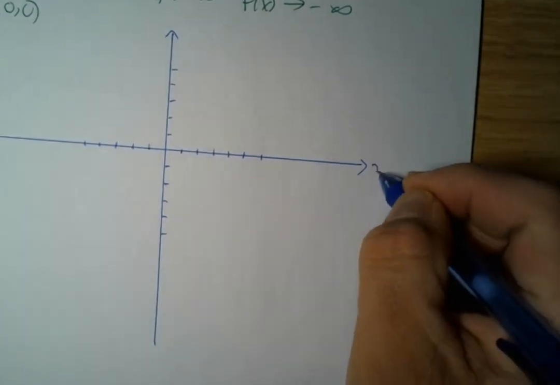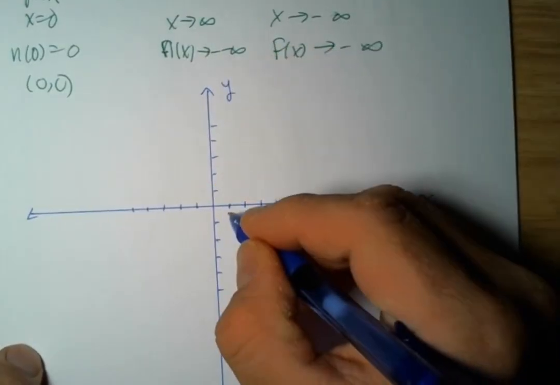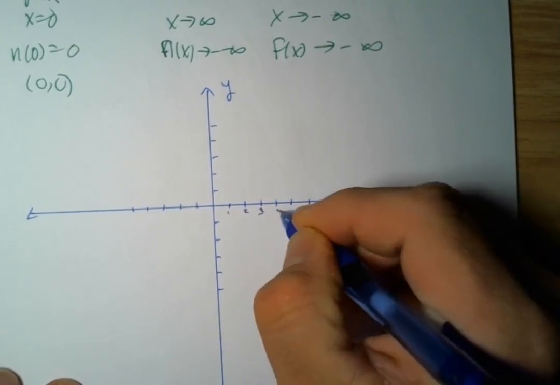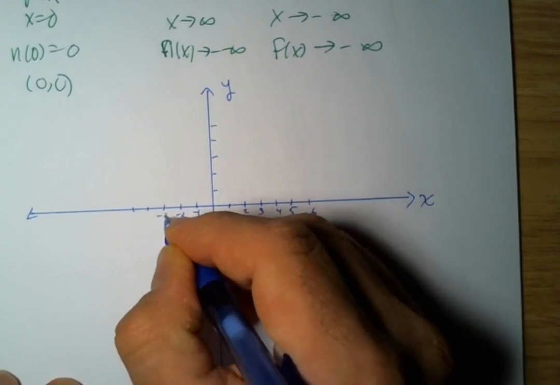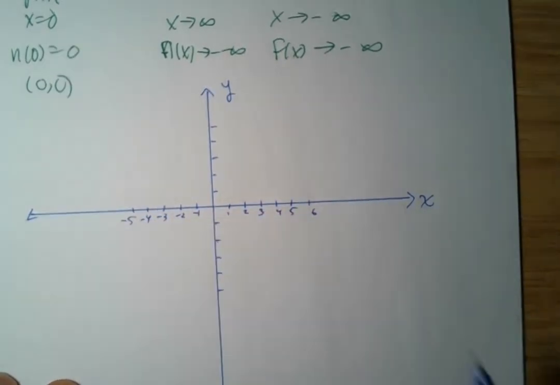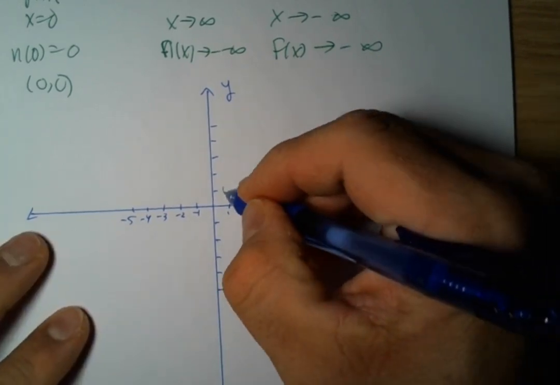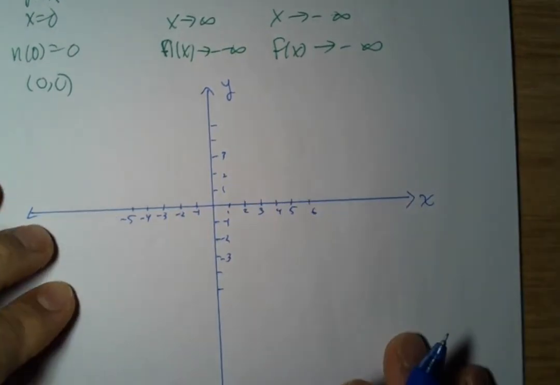Okay, so label our axes. This is our x-axis. This is our y-axis. We have 1, 2, 3, 4, 5, 6, negative 1, negative 2, negative 3, negative 4, negative 5. And then 1, 2, 3, negative 1, negative 2, negative 3.